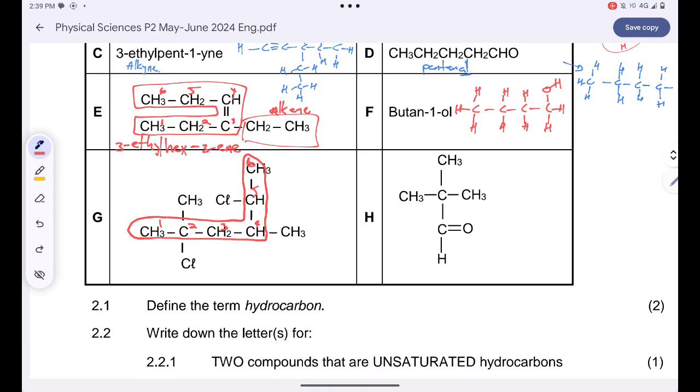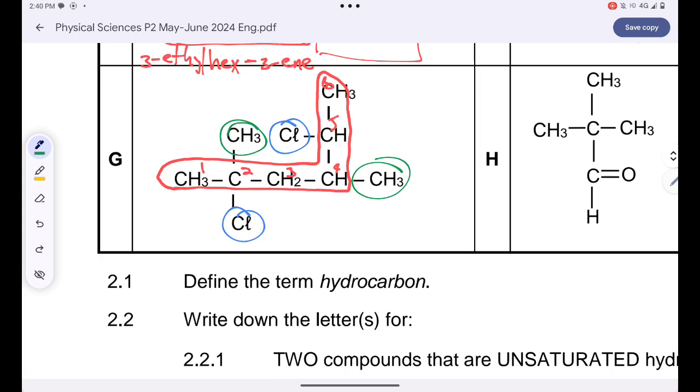Okay, I do have substituents over here. Firstly, I have my halogens over there, and then secondly, I have my side chains over there. Right? And I need to mention these substituents in alphabetical order. So chloro comes before methyl. So I'll first mention the halogens. I'll simply say at carbon number 2 and carbon number 5, I have chloro.